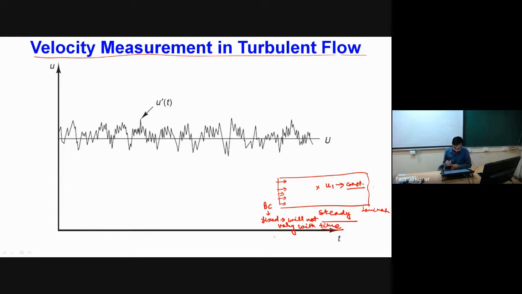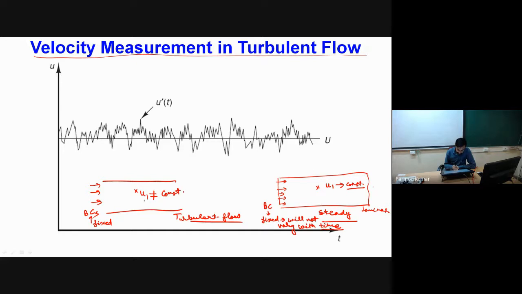However, if I take the similar situation, flow through a channel, where my boundary conditions are also fixed and not varying with time, but instead of laminar flow I now have a turbulent flow situation, and once again I use the probe of a hot wire anemometer or laser Doppler anemometer, I will find that the velocity at this particular location, u1 as I told you earlier, will not remain constant.